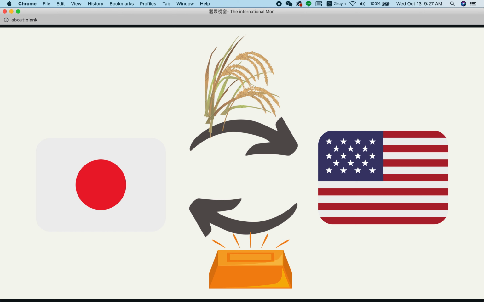A pegged exchange rate means the value of the currency is fixed relative to a reference currency such as the US dollar, and the exchange rate between that currency and other currencies is determined by the reference currency's exchange rate.